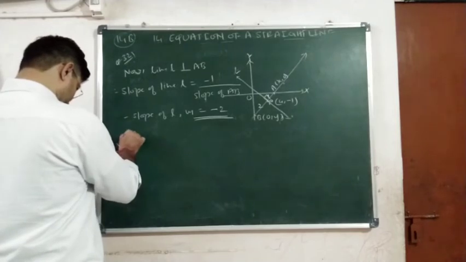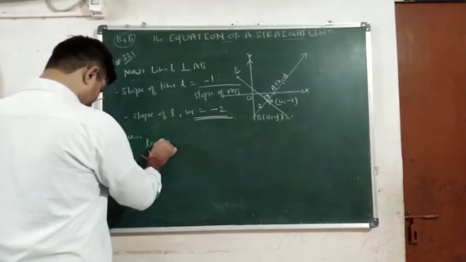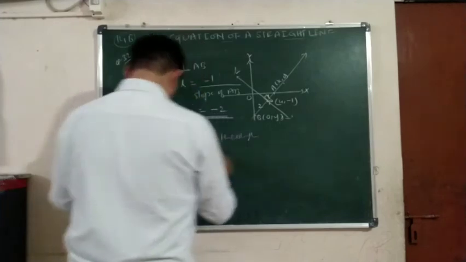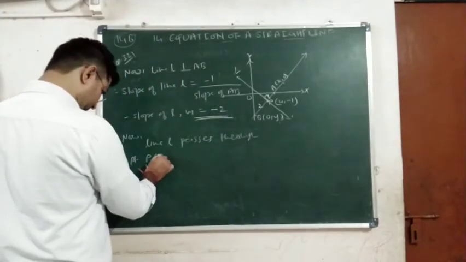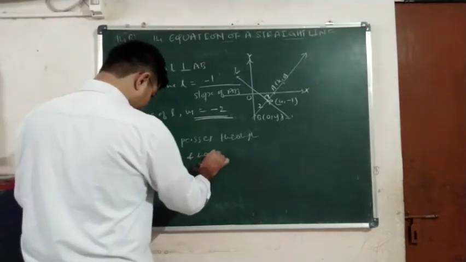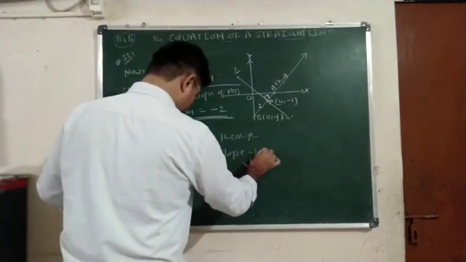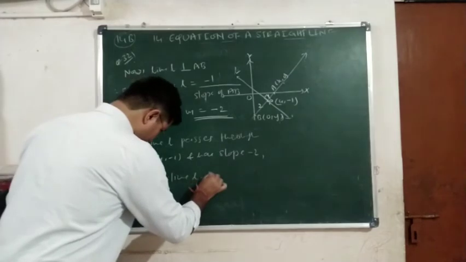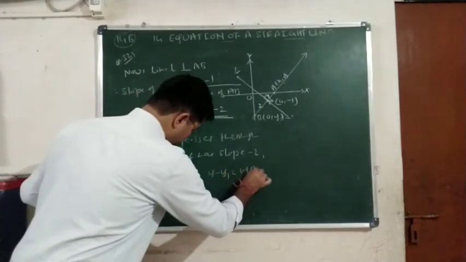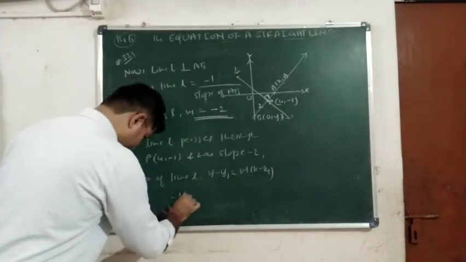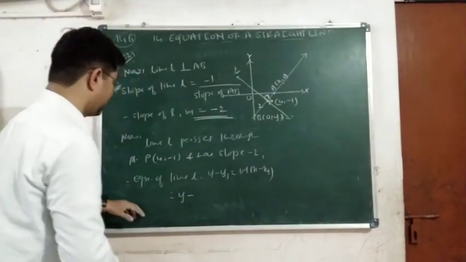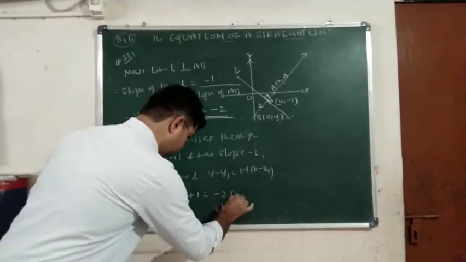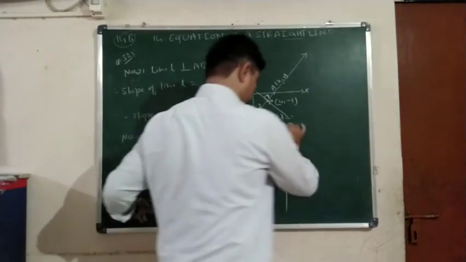Line L passes through point P 4, minus 1 and has slope minus 2, and therefore the equation of line L will be given by y minus y1 is equal to m into x minus x1, where x1, y1 are the coordinates of point P. So y minus minus 1, that is y plus 1, is equal to minus 2 into x minus 4.